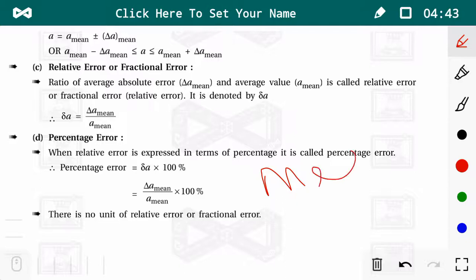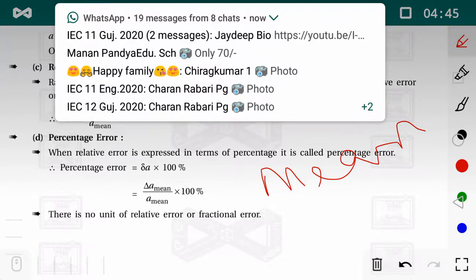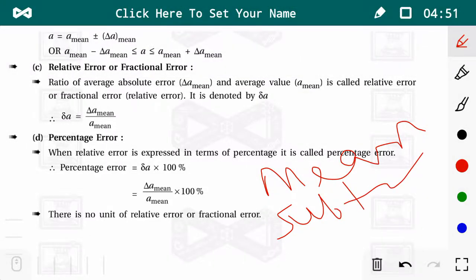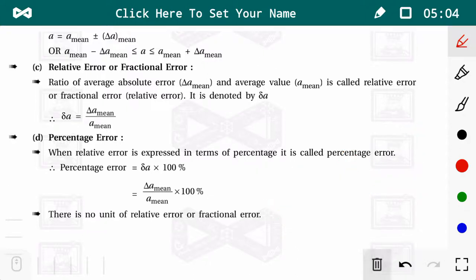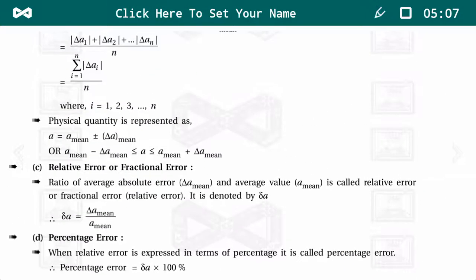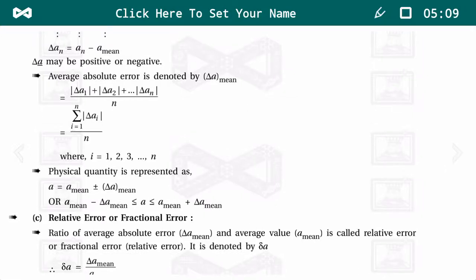Then subtract the mean from each observation, then put them all in mode form, and find the mean of all those mode absolute errors, and you will get delta A mean. So your value must be between these two.